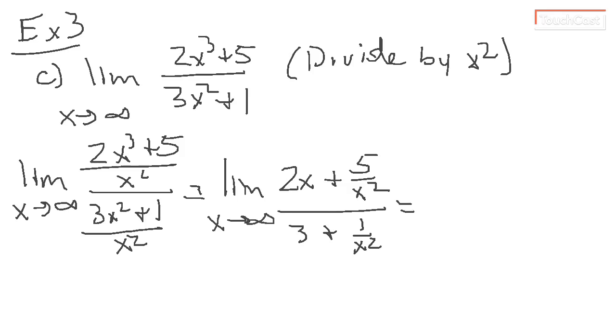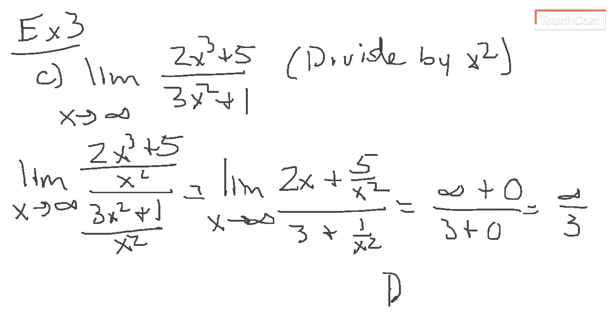So we can now start plugging things in. 2 times infinity, that's going to be infinity, plus 5 over x squared as x goes to infinity is 0, over 3 plus 0, which gives us infinity over 3. And if we divide by this, we're going to just get infinity. Because of this, there is no limit. So this limit does not exist.